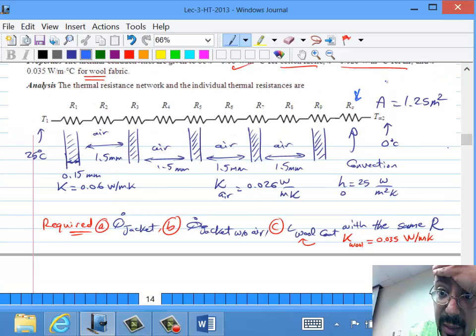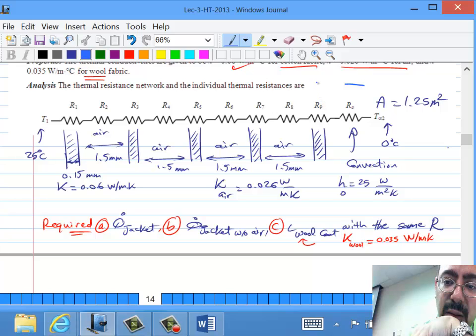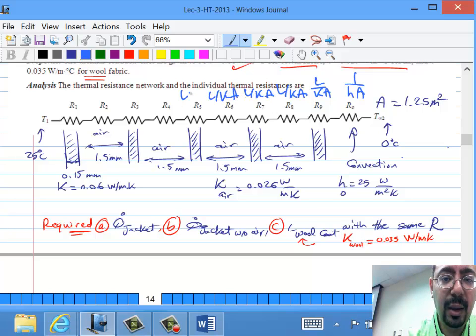Those are L over KA, and the convection is 1 over HA, correct? So the rest you can just write as L over KA, L over KA, L over KA, and so on.